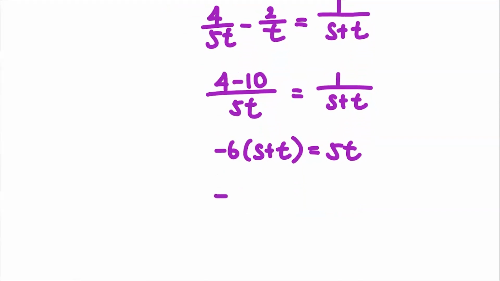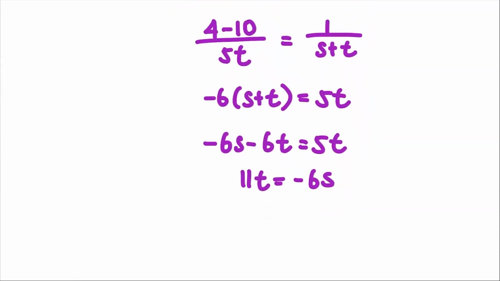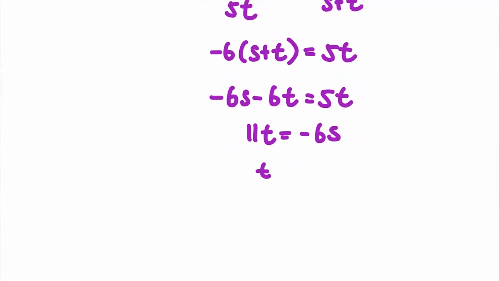So we get negative 6s minus 6t equals 5t. 11t, same thing, I hate negative values. So 11t equals negative 6s. And we are done. I want t over s, which is negative 6 over 11. And that's how you do this.